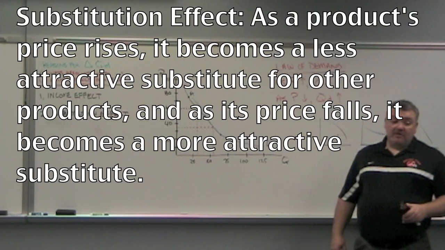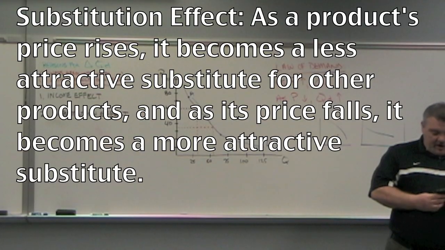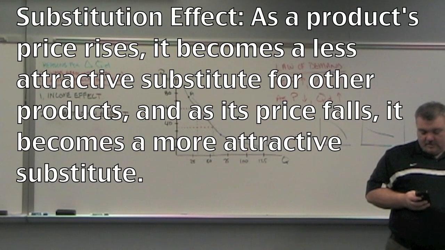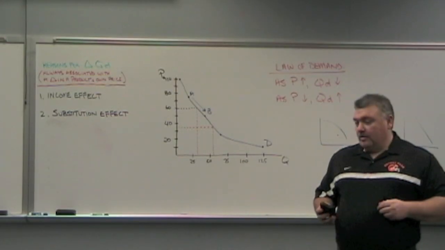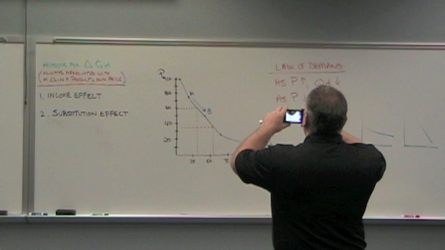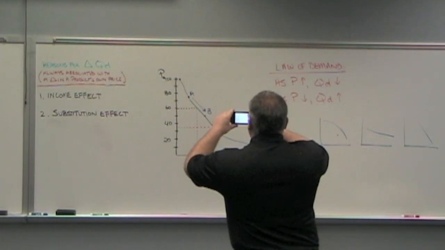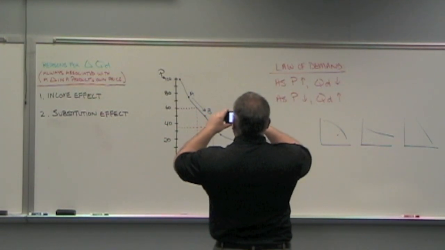And as its price falls, it becomes a more attractive substitute for other products. I'm going to get really high tech here and take a good picture of this graph up close so I can put it into the video.